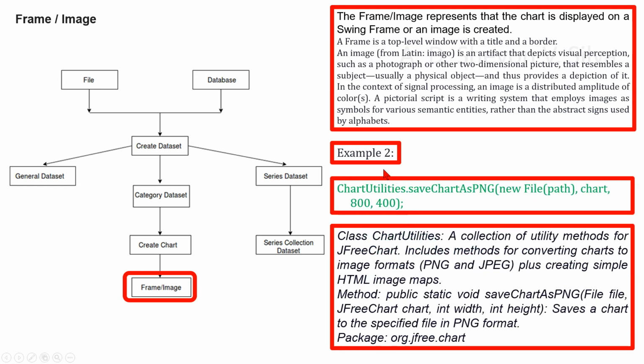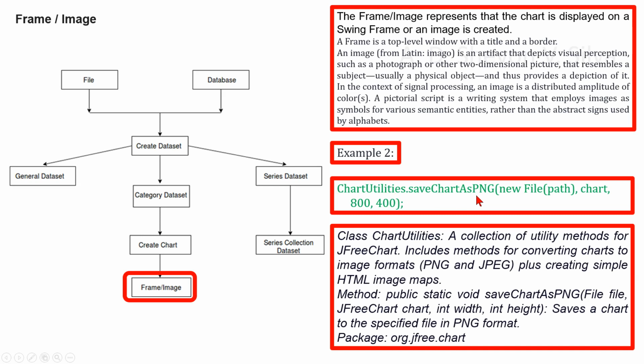As an example too, we can consider this code segment here, chart utilities. The class chart utilities, a collection of utility methods for JFreeChart, includes method for converting charts to image formats, PNG or JPEG, plus creating simple HTML image maps.